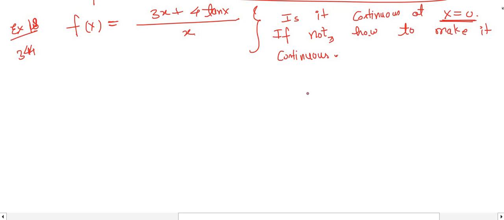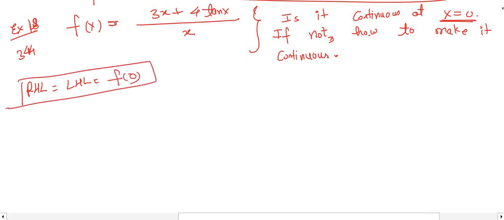So guys, for continuity, we need 3 things: RHL, LHL and the function value. These 3 should be equal. When any function is given, especially a fractional function with both numerator and denominator, the first thing we have to check is that the function should have a value.